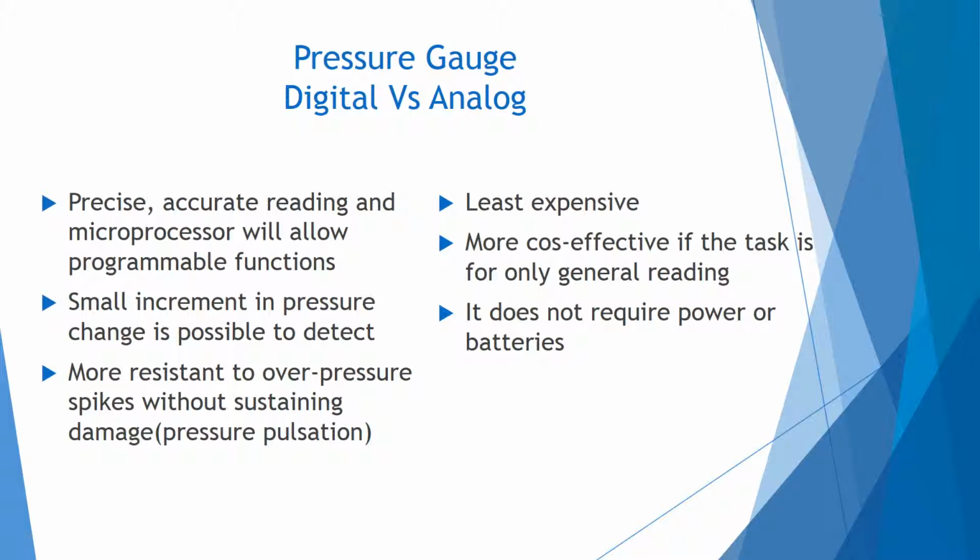The analog is the least expensive, more cost-effective if the task is only for general reading. It does not require power or batteries. As a conclusion, it is better to use the digital since it gives a precise and accurate reading.